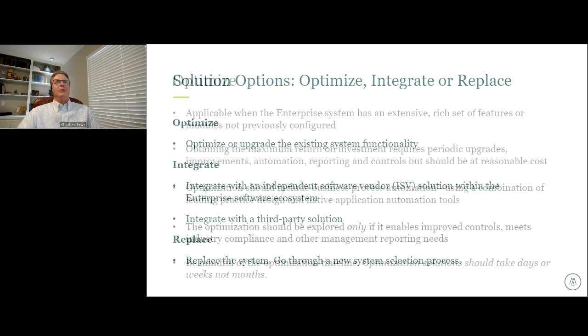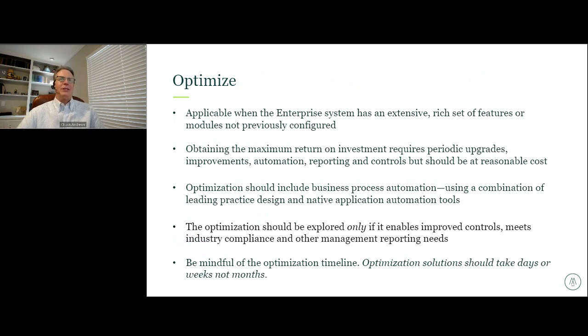So the first of those three options, the optimization, doesn't really apply when you've got basically a starter system, a QuickBooks type system, and you're experiencing some inflection or you're growing.